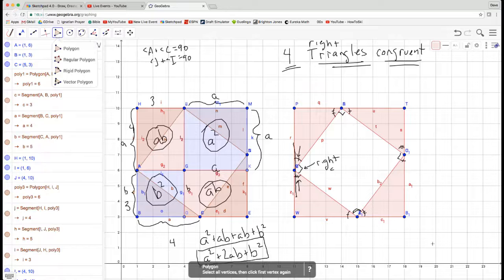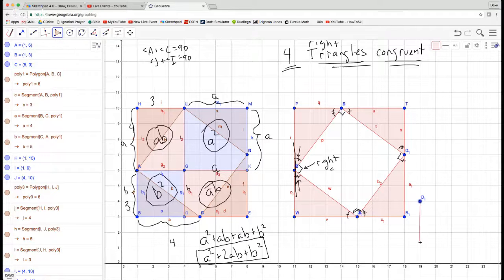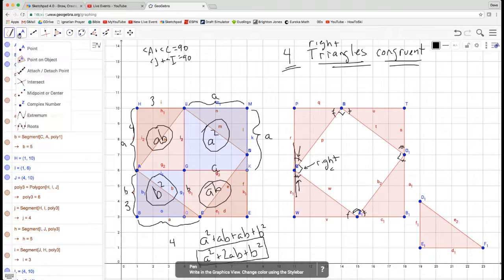Now let's go back and look at this shape one more time. We're going to draw it again here, and we're going to label the sides.